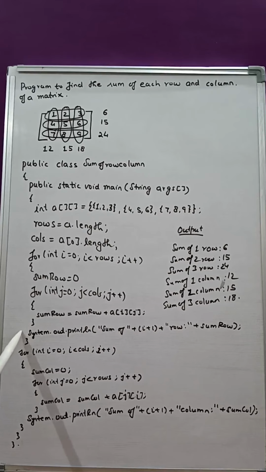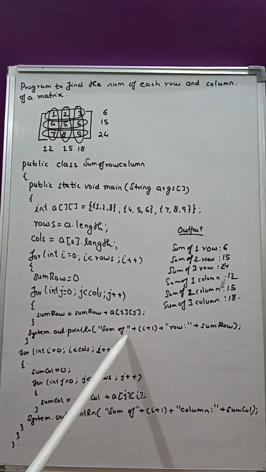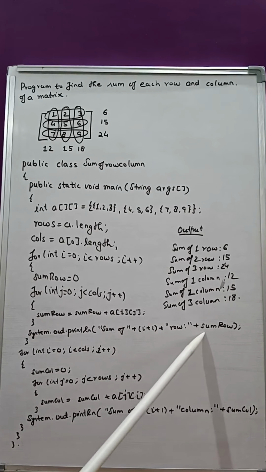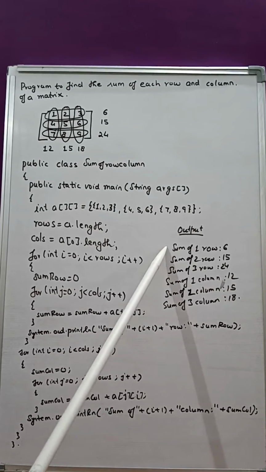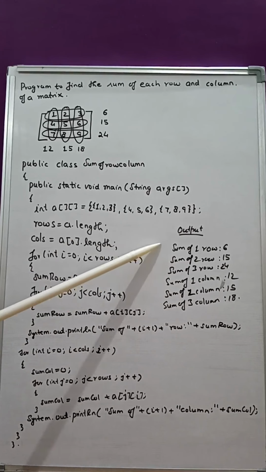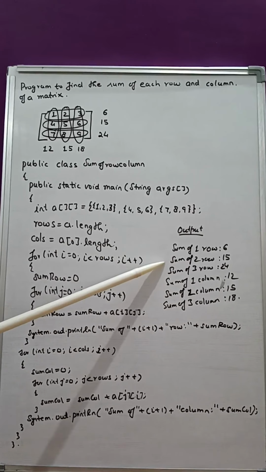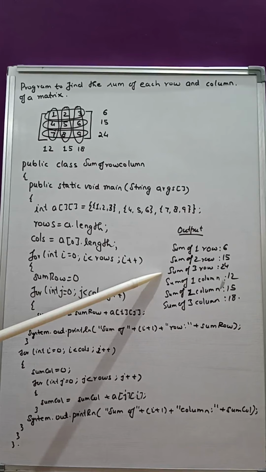The very first time, with i equal to 0, the output will be sum of row 1 is 6. In a similar way, when you do the whole process, the sums of the second and third rows are also computed.